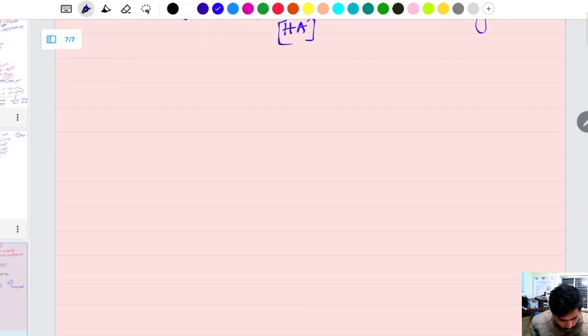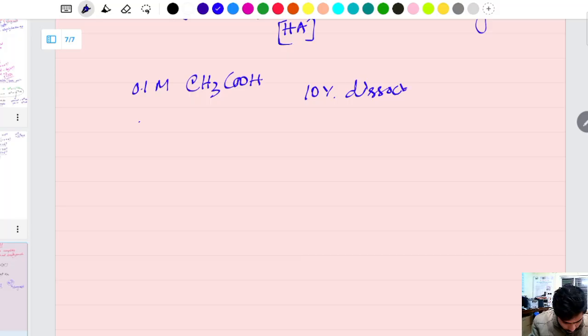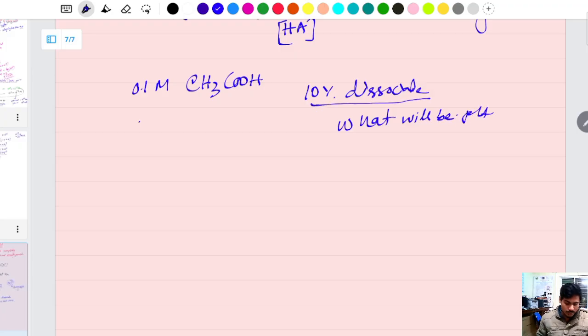Calculate the pH of a weak acid with 10% dissociation. So if we take 0.1 molar CH3COOH, and also you said that it has 10% dissociation, what will be the pH?